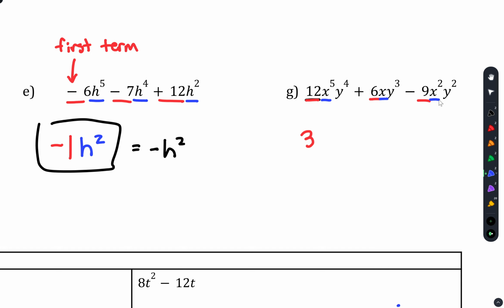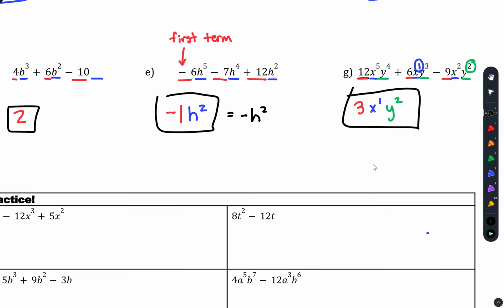The maximum number we can take out of each. How do we know it's 1? The smallest one in here is an x to the first, so that's the most that I can take out. What about the y's? Is there a y in each one of these terms? So how many can I take out? What's the max? 2. Perfect. Any questions on that?